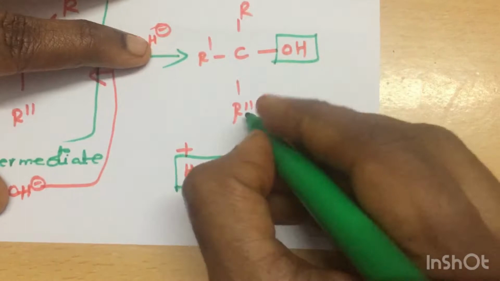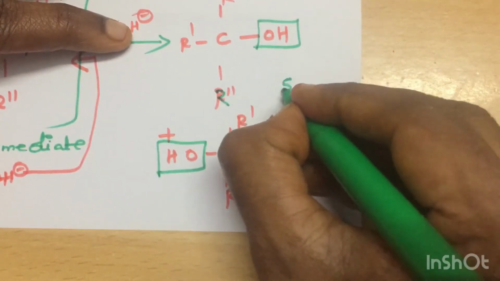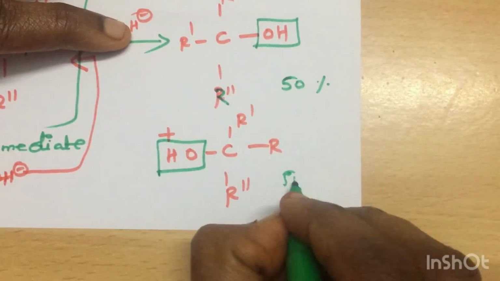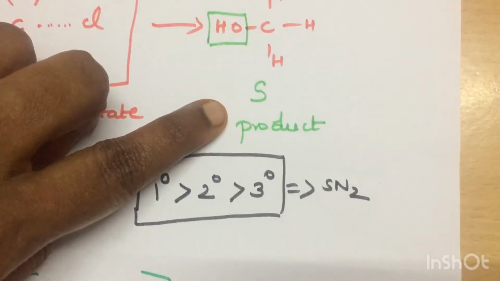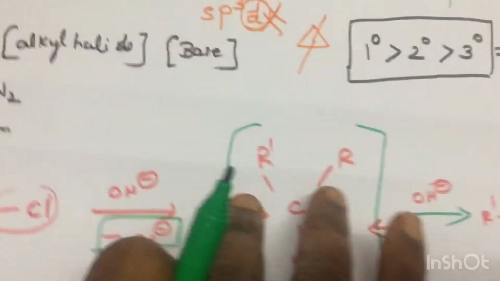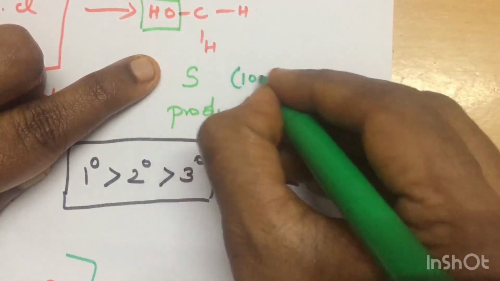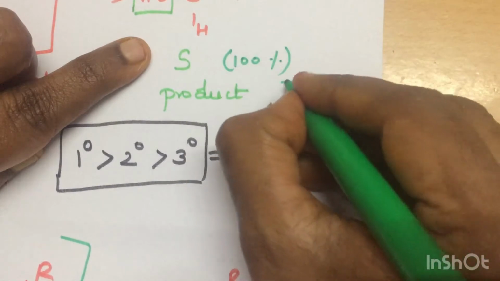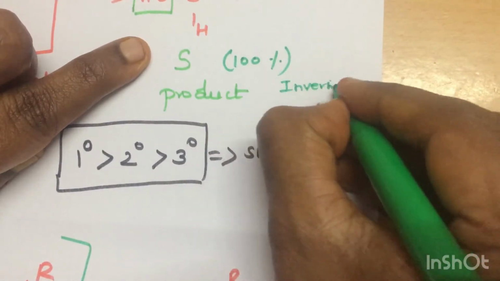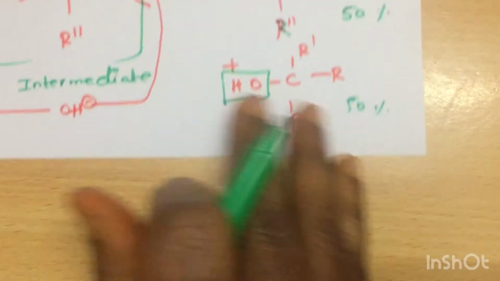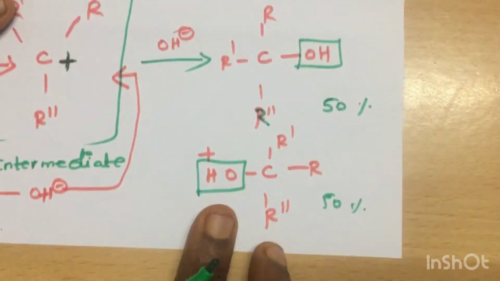You will get a 50-50 mixture of these products. This will be 50% and this will be 50%. Here we got inversion in the configuration totally. If you take R, you will get S, and this is 100% inversion. This is known as inversion, and this we call racemization.